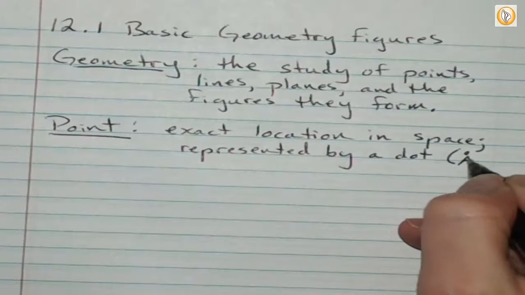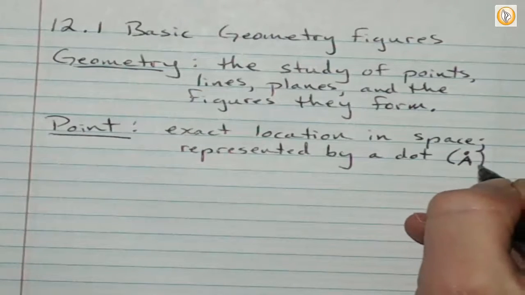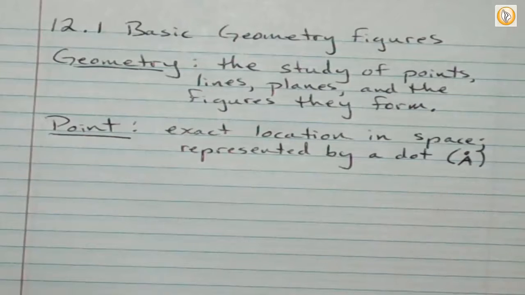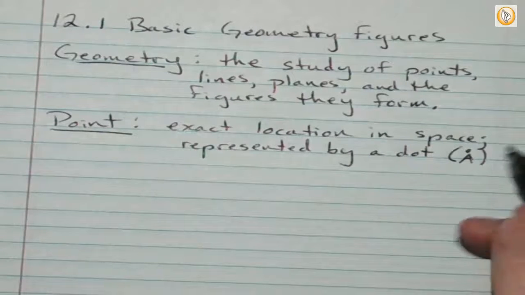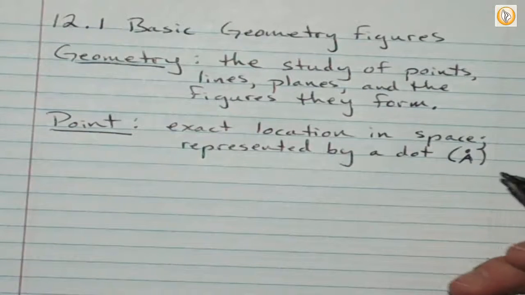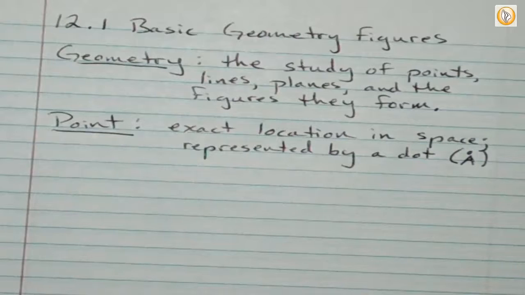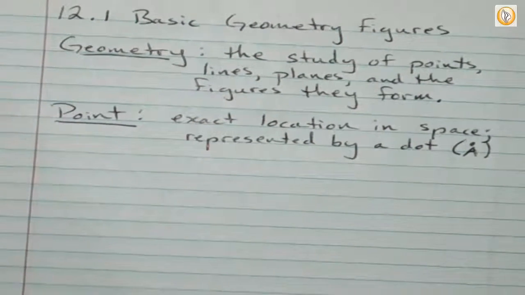Point A. That's a dot and an A, and that's an example. It could be point Q, point S, point T, but it's usually a dot with the letter, meaning the name of that dot, underneath. Now, some people may represent it in a different way. It's not that big of a deal.